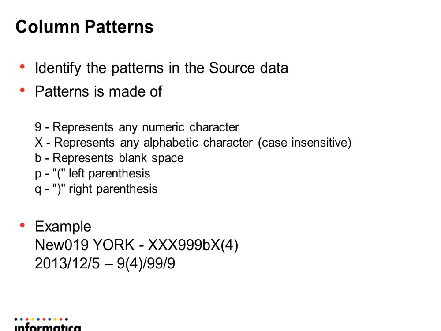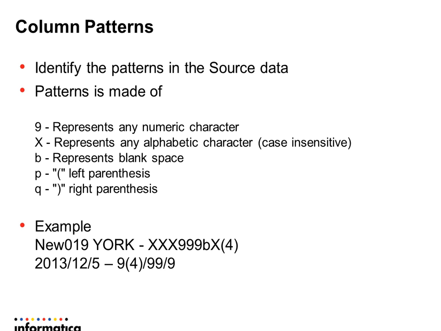Let's see how a string is represented as a pattern using these characters. Let's consider a string containing alphanumeric characters separated by a blank, like shown here. The first three alphabets are represented by 3X, followed by 99 for the 2 digits, followed by B for the blank, and X with 4 in the parenthesis.